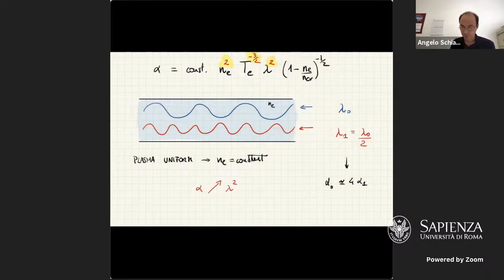So for maximizing the attenuation, it's a better choice to use a longer wavelength. So if the plasma is uniform, longer wavelengths are better absorbed.